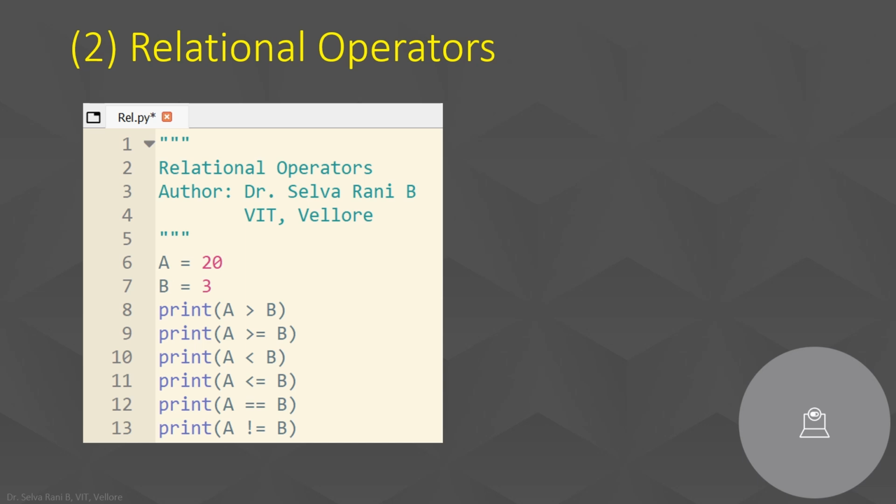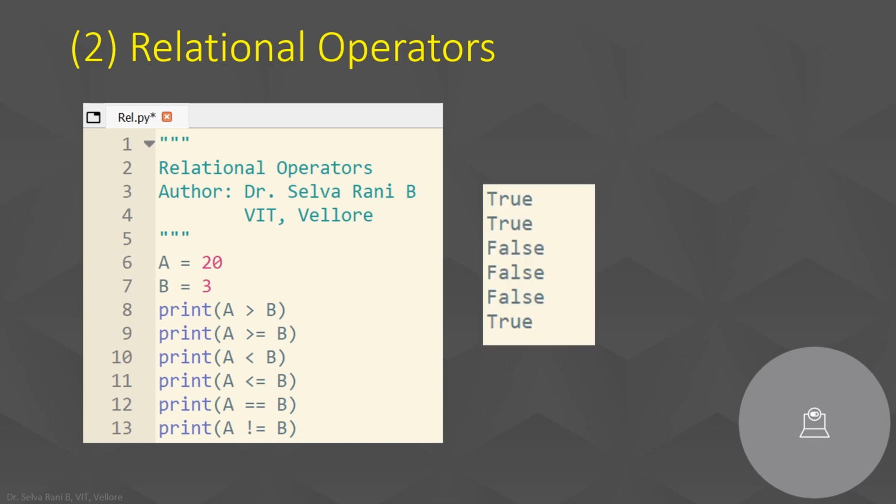A very simple example for your quick reference: a = 20, b = 3. The results of a > b, a >= b, a < b, a <= b, a == b, and a != b are true, true, false, false, false, and true.